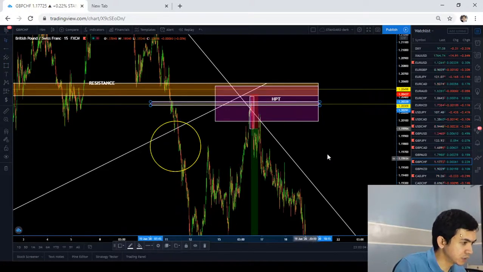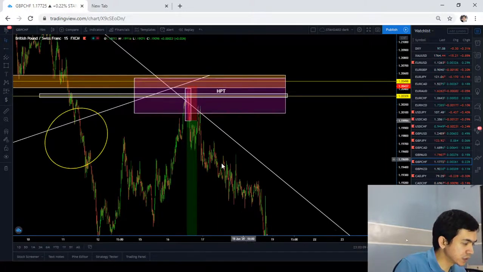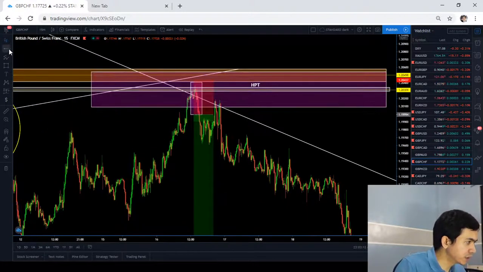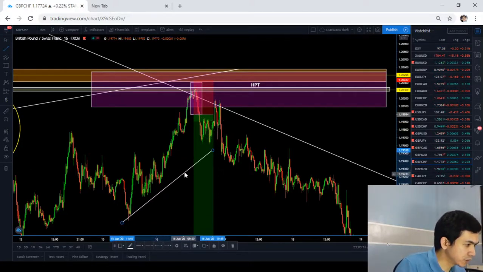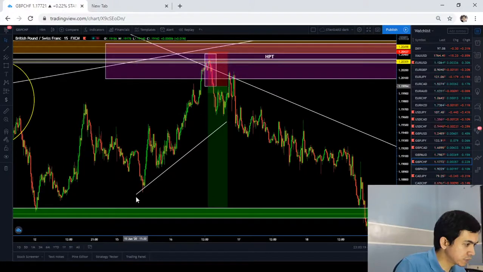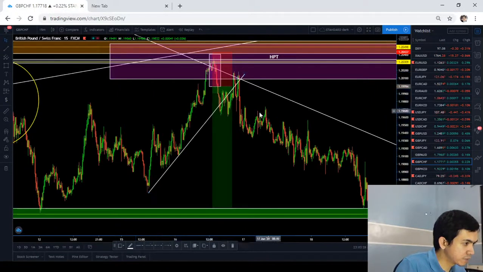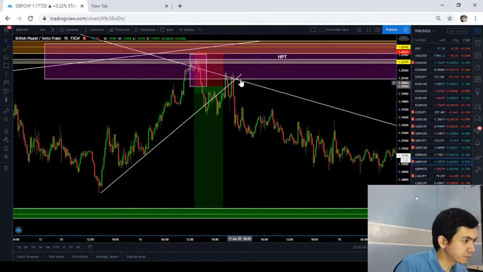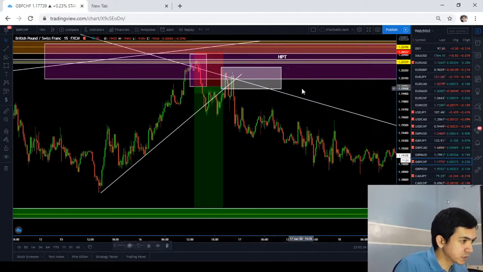Para hindi nakakalito. Okay? And then what? Nasa resistance. Look for a counter trend and break. Wait lang. Right? So, ano? This is gonna be our, sabi ko nga, HPT sa 15 minutes. Okay?